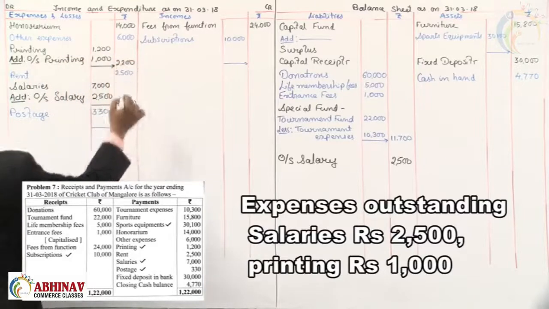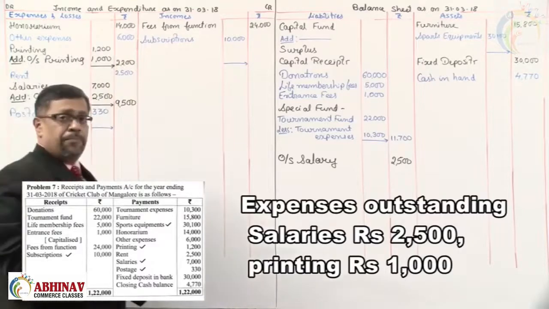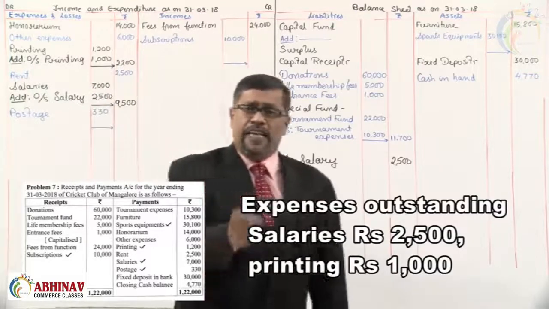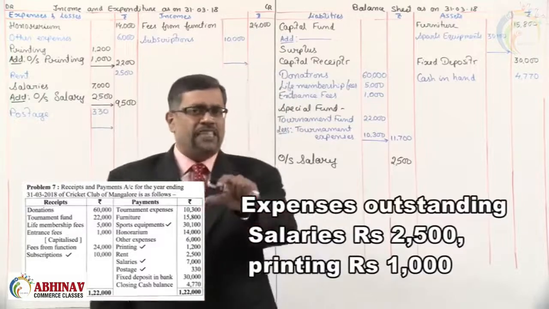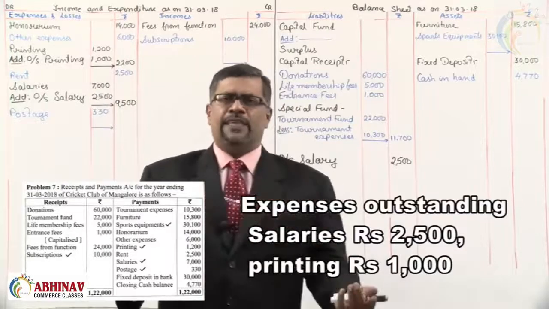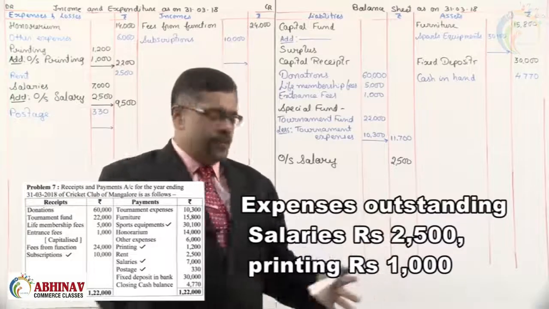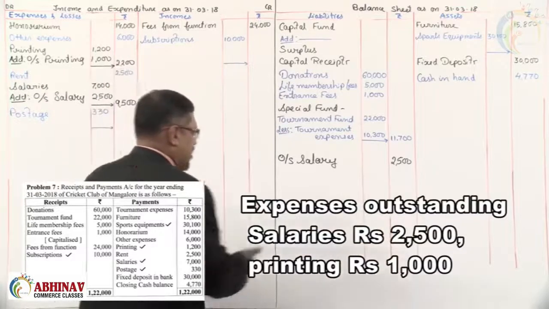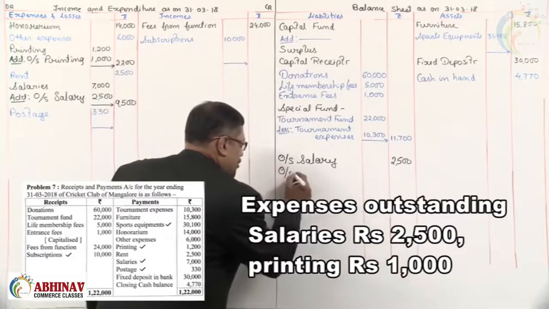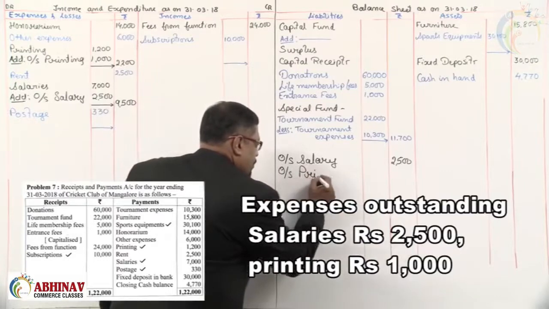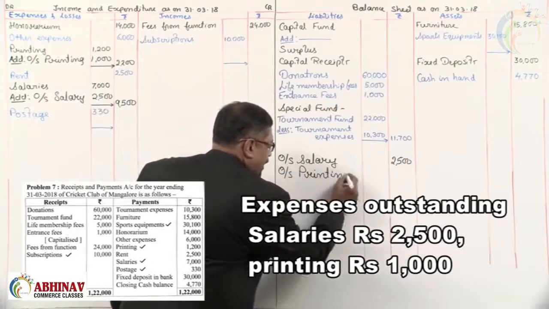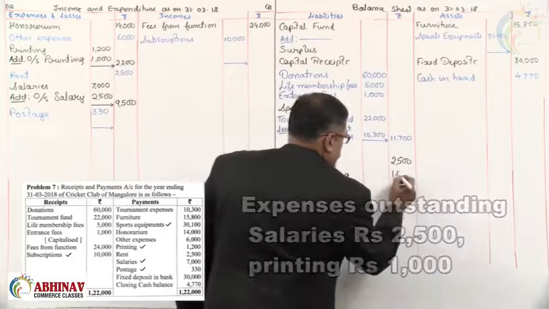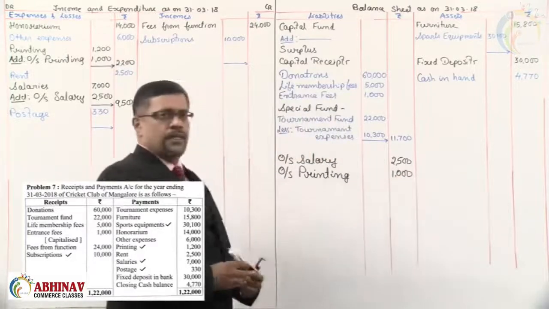In the outer column 2,200. Printing is an expenditure. Expenditure is outstanding. Receivable or payable? Payable. Asset or liability? Liability. So below outstanding salary, let us show outstanding printing charges, rupees 1,000.